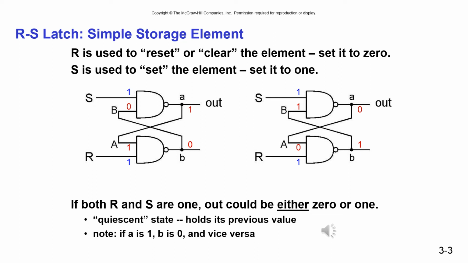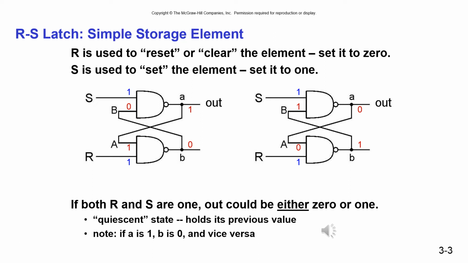But here's the RS latch. It is the most basic simple storage element. R is used to reset or clear the element on the output. S is used to set the element to a 1.